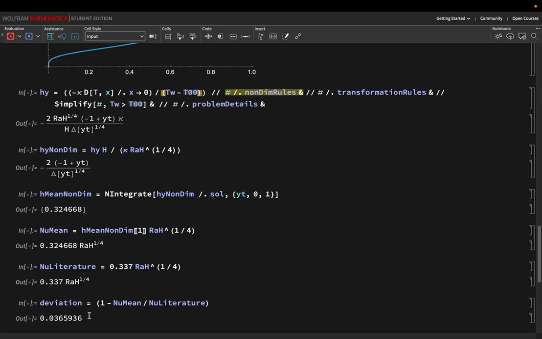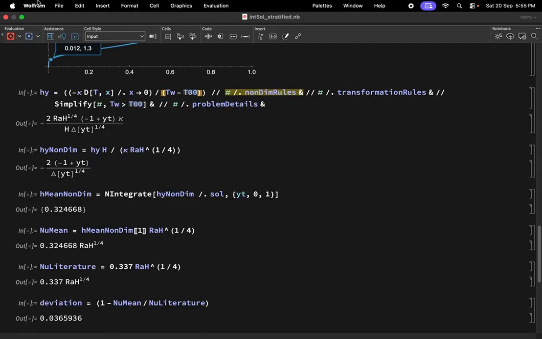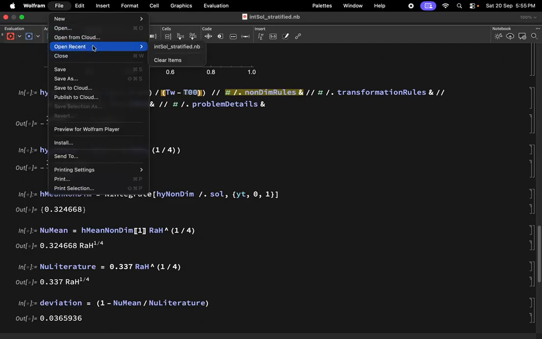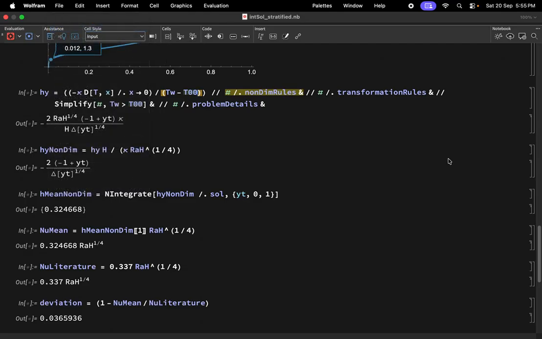Let's say you were to analyze the same scenario and compare this with the correlation for the normal flat wall. If you recollect, when we were solving this for a uniform wall temperature, what was the Nusselt number I got for the previous case?